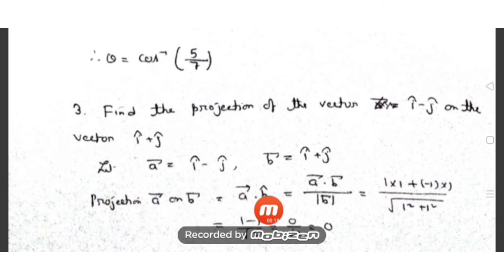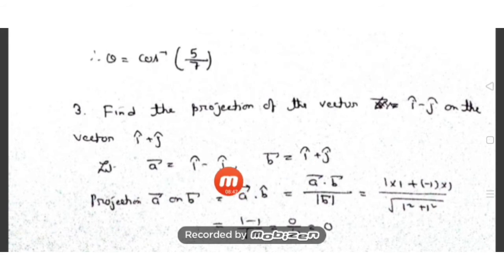The formula is a bar dot b cap. And b cap can be written as b bar by b, so the numerator becomes a bar dot b bar divided by magnitude of b. What is a bar dot b bar? In the previous question also I have done the sum of the products of the coefficients of i cap and j cap. So here the i cap coefficient is 1, here the i cap coefficient is 1, so it will be 1 into 1.